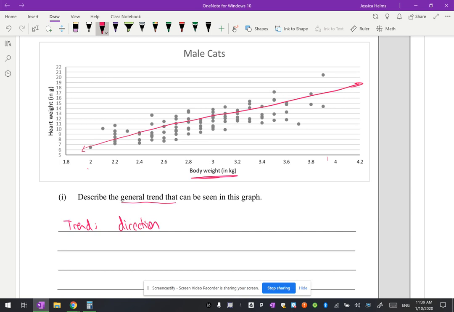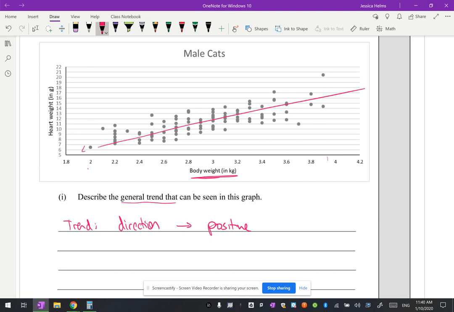Hopefully yours is much nicer than that, making sure that your upper and lower bits of the line have got an equal amount on each. I'm not sure if that's perfect or not, but you want to talk about the direction. So this direction here it's positive. It's going up. As the heart weight increases, the body weight increases.